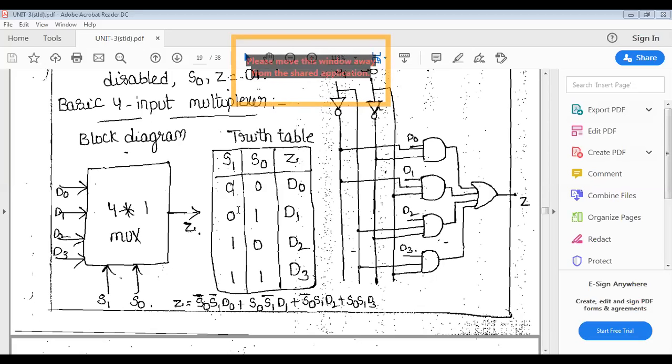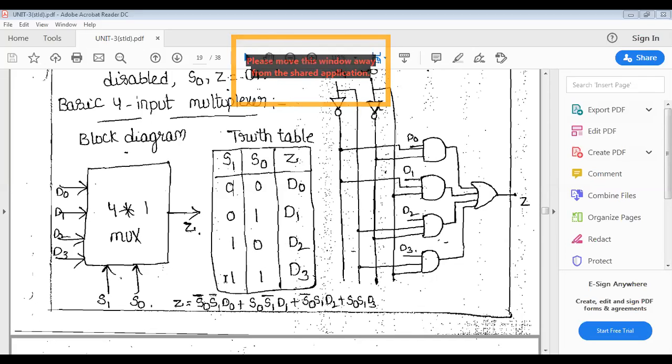S1 is a 0. So S1 bar and the D1, plus the next option is S0 is 0 and S1 is 1. So S0 bar, S1 into D2.